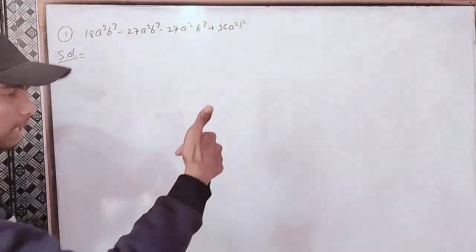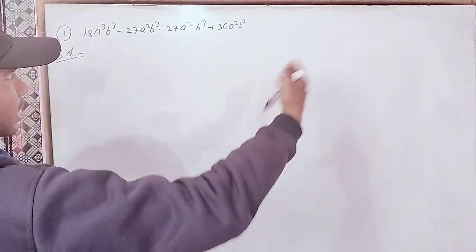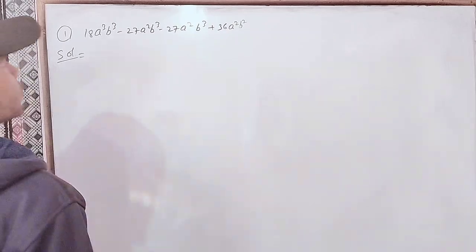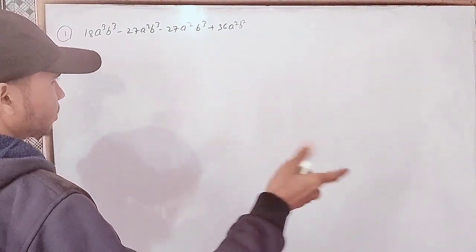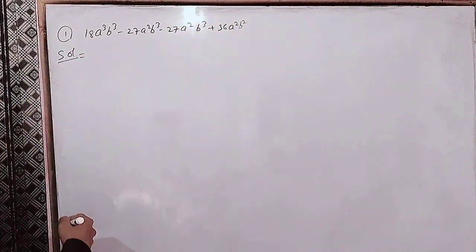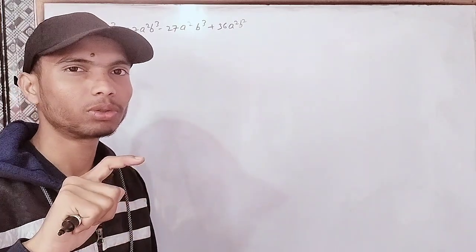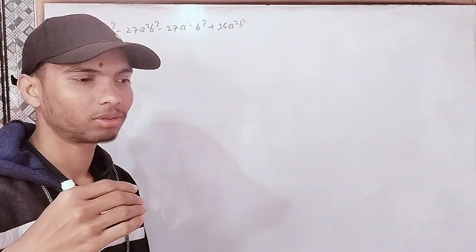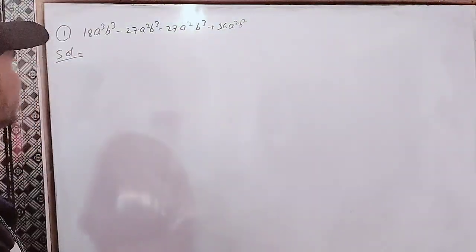One term is with add, the second term is with subtract, the third is with subtract, and the fourth is with add. This is a way to identify which term is with which operation. Can we take two terms so that we can factor it?